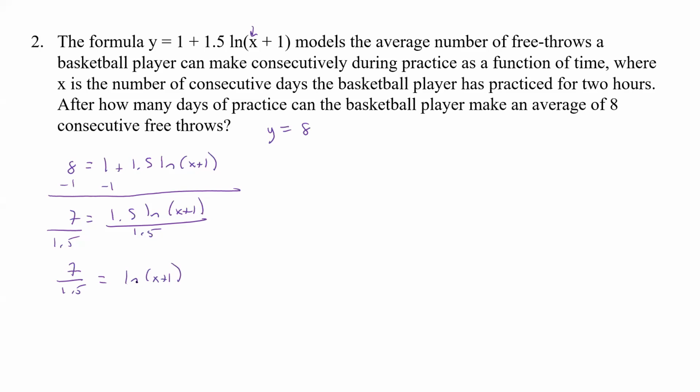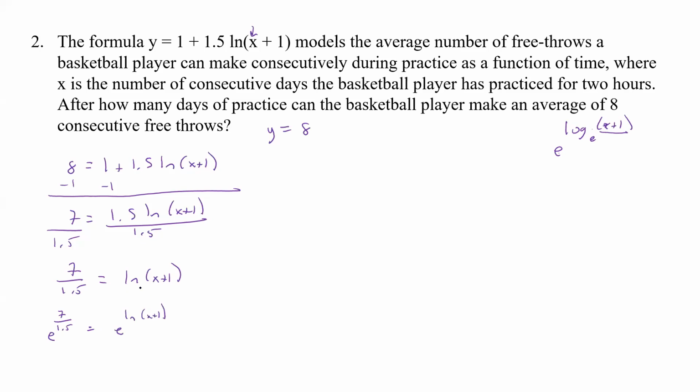Now, if you remember, this is log base e of whatever it is, I guess it's x plus 1. But if we take and raise this to that power with the same bases here, we get this out. And so I'm going to take e to that, but if I take e to that on this side, I have to take e to that on that side. So I have e to the 7 over 1.5 equals e to the ln x plus 1.